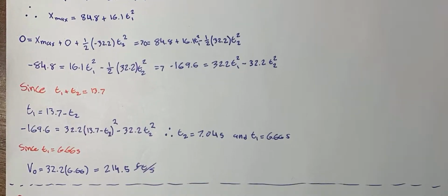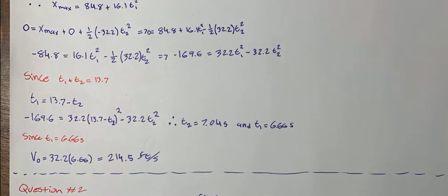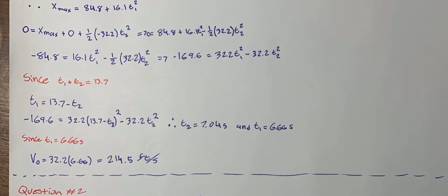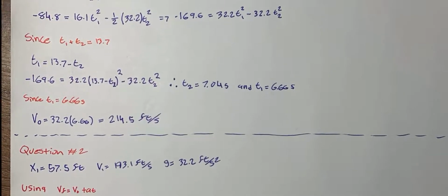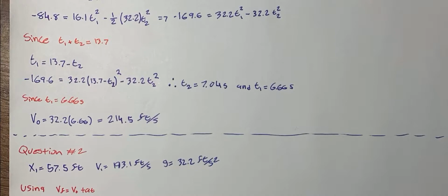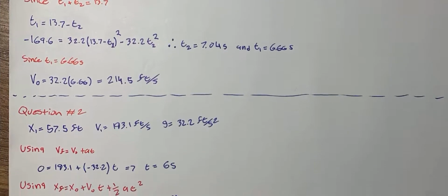And since t1 plus t2 is equal to 13.7, we can solve for t2 by putting those equations together, and you get t2 is equal to 7.04 seconds and t1 is 6.066 seconds. And since t1 is 6.066 seconds, we can plug that into the initial equation and get 214.5 feet per second.